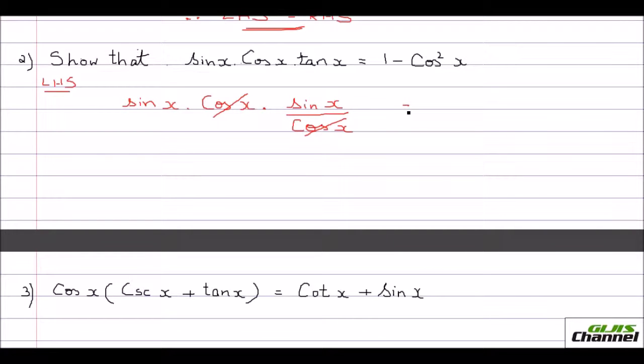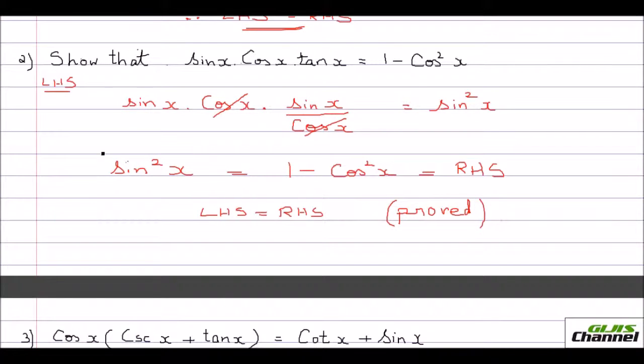So what is left out? You have sine x times sine x, which is sine square x. The Pythagorean identity says that your sine square x is equal to, remember, 1 minus cos square x, right? We have arrived at the right hand side.